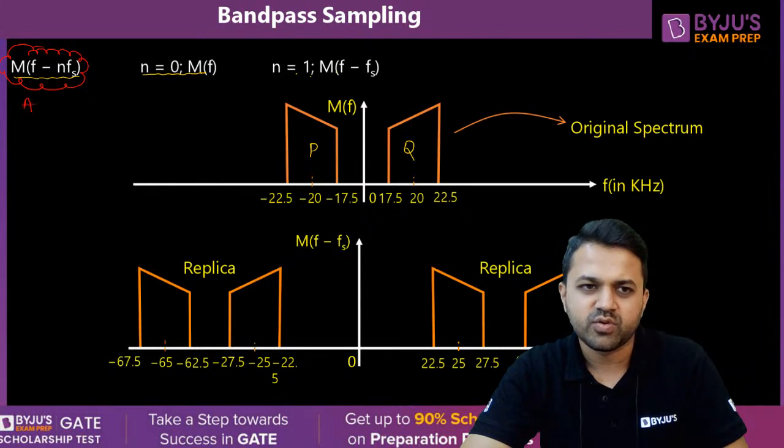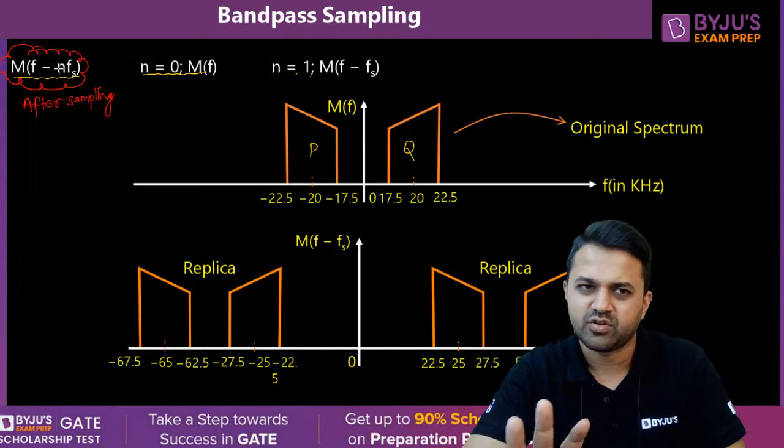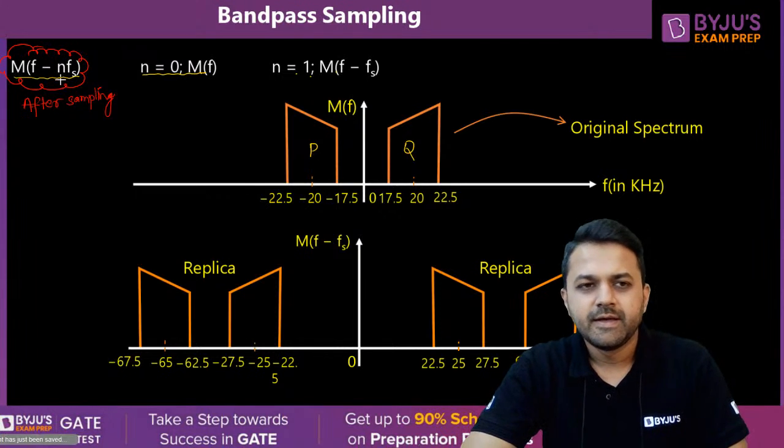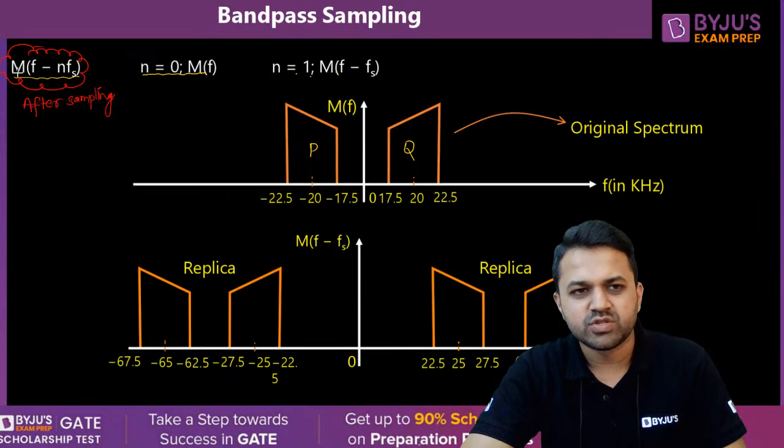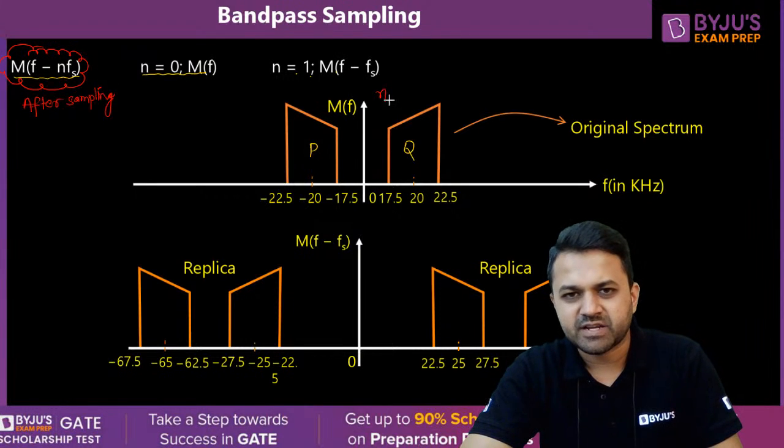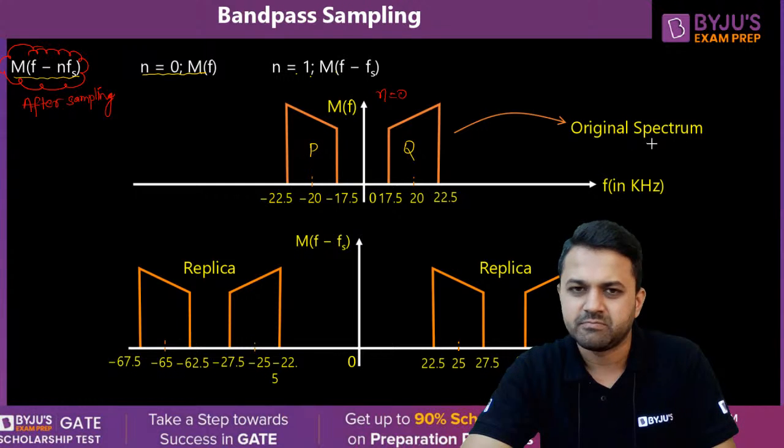After sampling you get Fs multiplied by M(f minus nFs), but we are not bothered about the amplitude. When we put n equal to 0 we get M(f), the original spectrum.